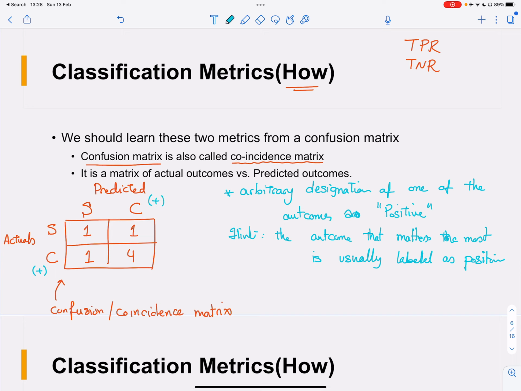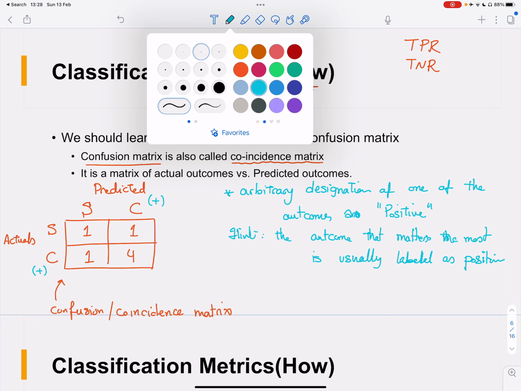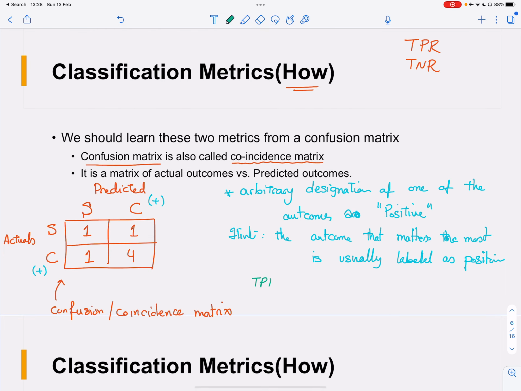In that case, true positive rate, so let me change the color once again, is following this formula. It is the rate or the proportion of actually positive cases that are predicted as positive.